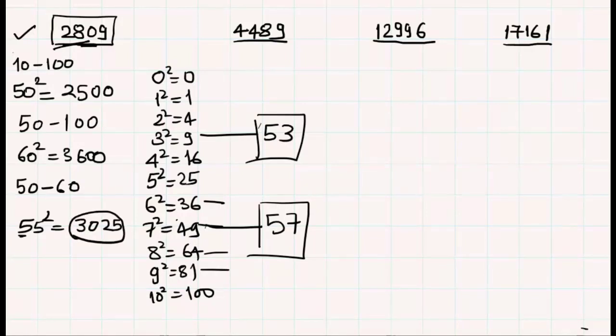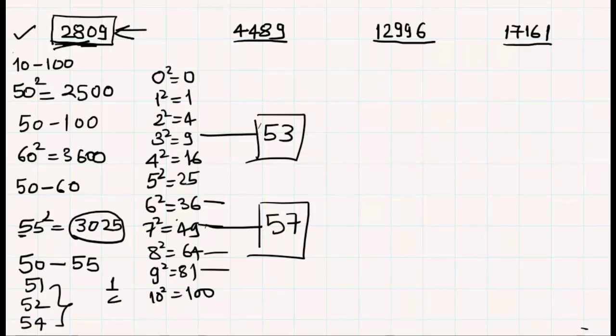So the square root of this given number lies between 50 to 55. And since we know that this is a perfect square, it can only be 53, because in 51, 52, 54, all these numbers, what will be the unit place digit in the squares? In 51 it will be 1, in 52 it will be 4, and in 54 it will be 6.